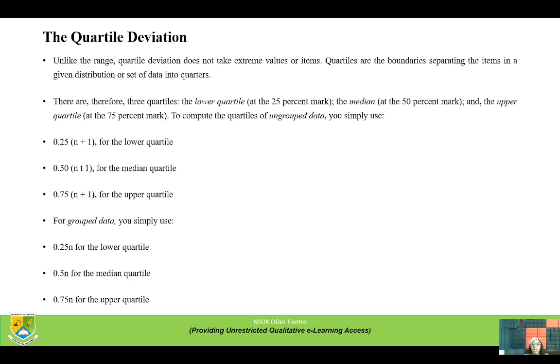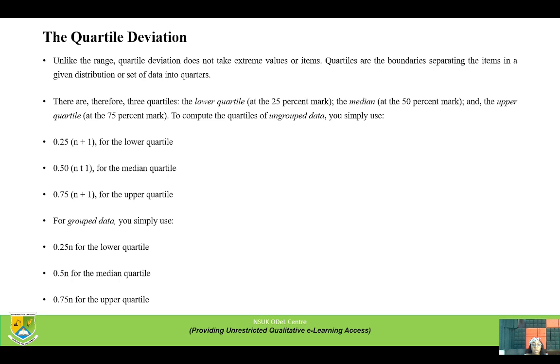Quartiles are the boundaries separating the items in a given distribution or set of data into quarters. There are therefore three quartiles: the lower quartile, which is at the 25% mark, the median quartile, which is at the 50% mark, and the upper quartile, which is at the 75% mark.